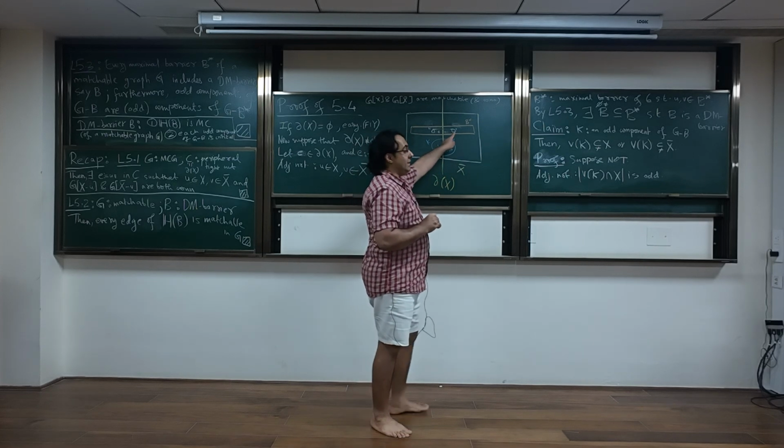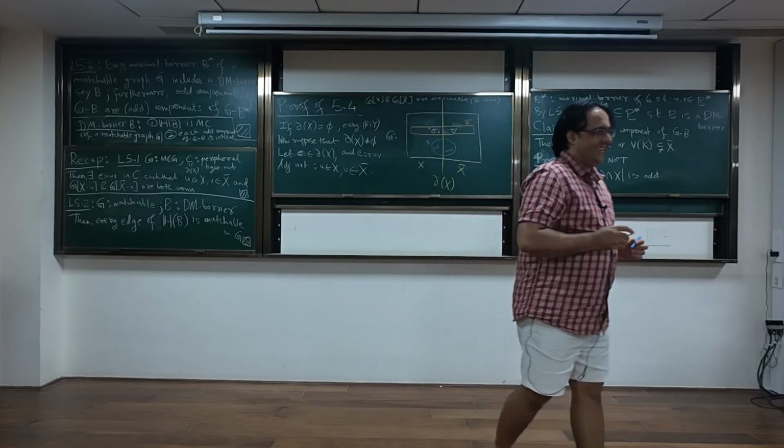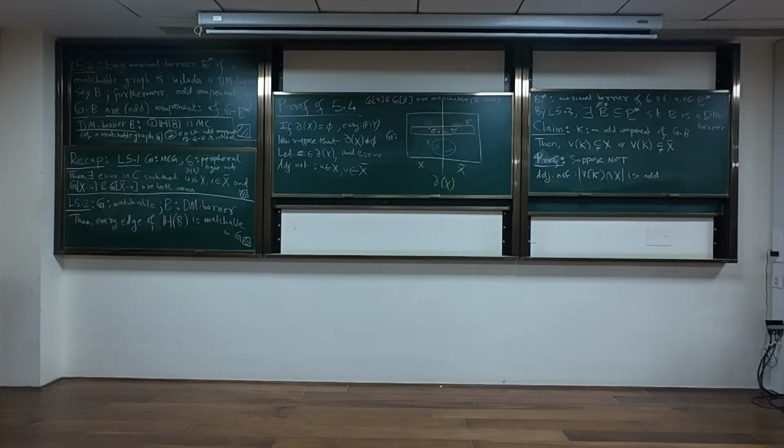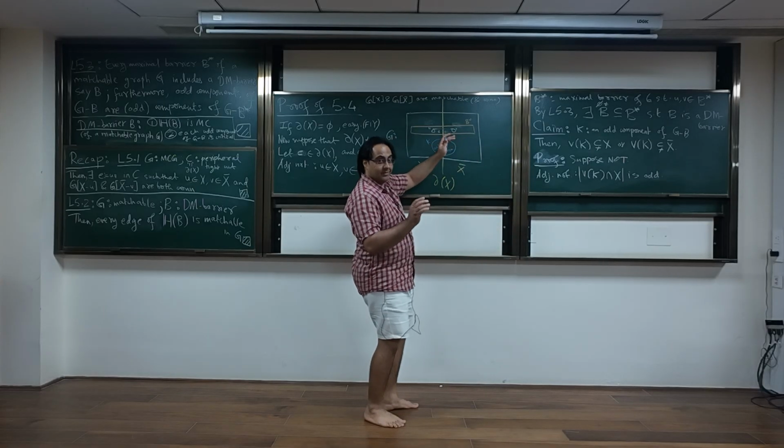That's right. But the point is B star, this is where we are going to use a fact. K is also an odd component of G minus B star, part of Lemma 5.3, second part. The odd components of G minus B are also components of G minus B star. Right? Because without that I don't know whether there are some vertices here that are not here. You get the point.